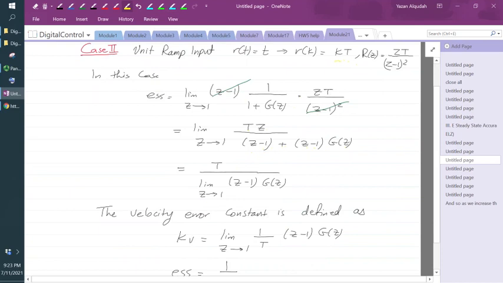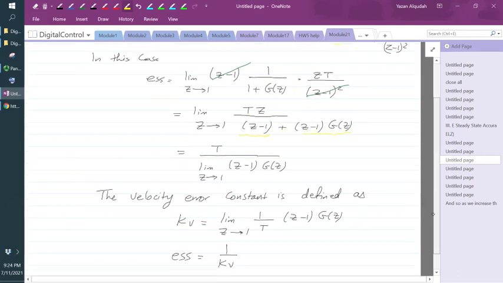And what is this equal to? If I substitute z equal to 1, T multiplied by z is just going to equal T, and this term z minus 1 is going to equal 0. So I'm going to end up with T divided by z minus 1 multiplied by g of z.